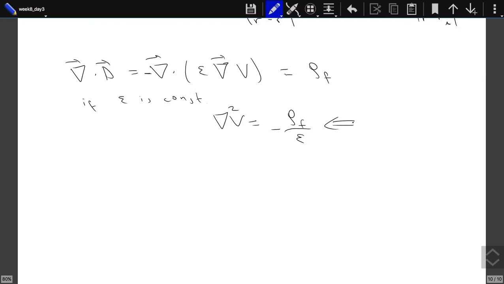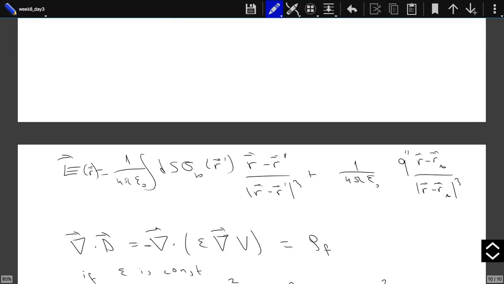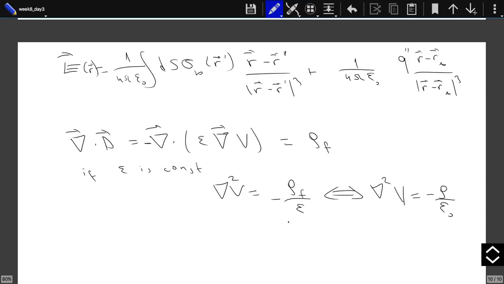Just compare it with the vacuum equation. The only difference is wherever you see an epsilon 0, put an epsilon, and you get the potential in a medium, assuming that epsilon is constant everywhere. So in this sense, replacing epsilon 0 by epsilon takes into account all these surface charges, etc.